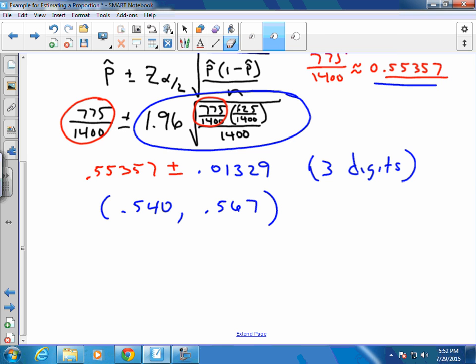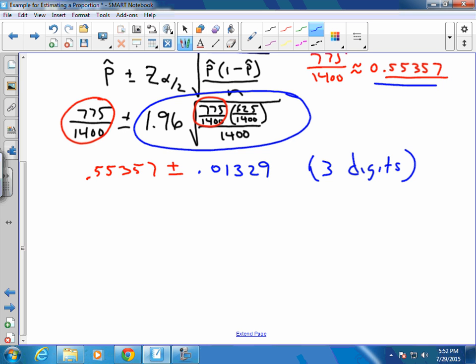Notice what would happen if somebody said, well, I need to round off to 3 digits, so I'll make this one over here 0.554 plus and minus, and make this one 0.013. Then, if you round these off, we would actually end up with a left endpoint of 0.541 instead of 0.540, right?